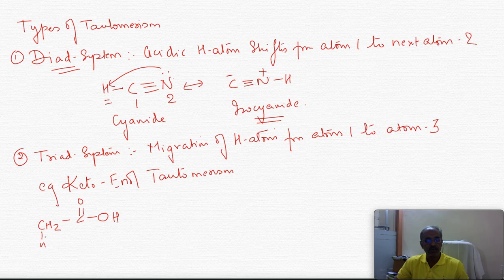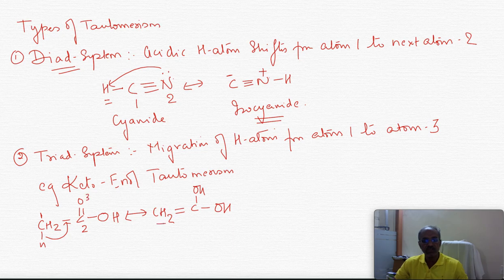Okay. So now it will go here. So it will be CH2 double bond C OH. That means if this is atom number 1, this is atom number 2, this is atom number 3.